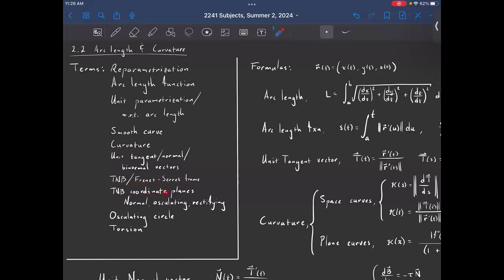And then the TNB coordinate planes, which have names, will be generated from this frame. Lastly, we'll have the osculating circle. We'll learn how to find that. And the torsion, which is a similar measurement of a curve to curvature.